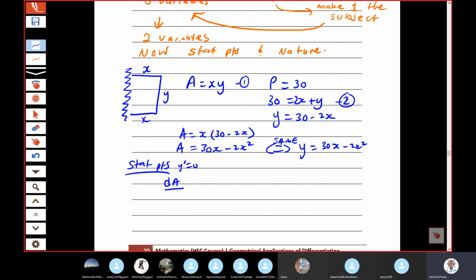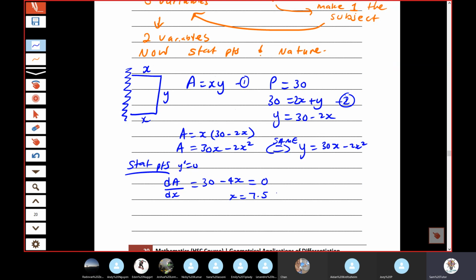You've got to go back to dA on dx equals 30 minus 4x. What must it equal to? 0. So therefore x equals 30 divided by 4, 7.5.